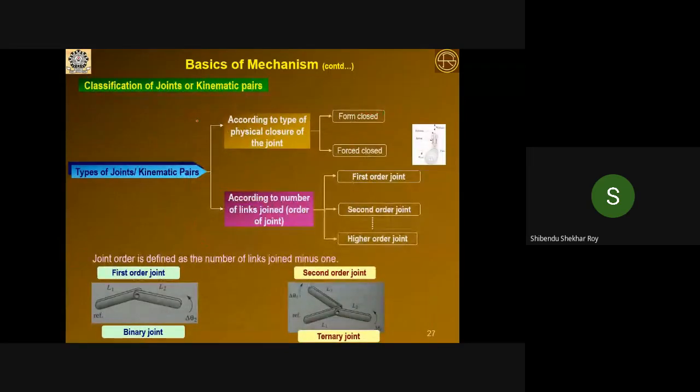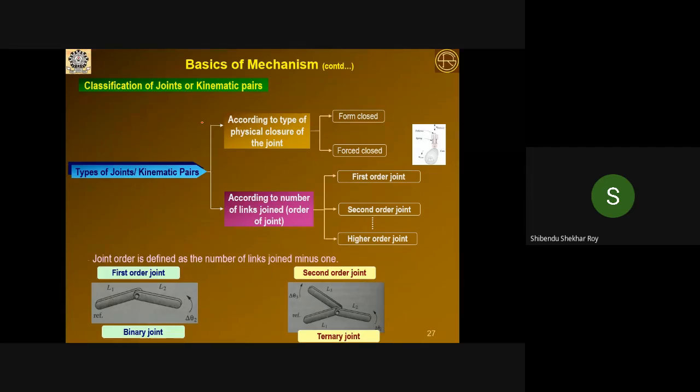Now again, another important classification is the type of kinematic pair or type of joint. According to the physical closure of the joint, it may be form close or force close.